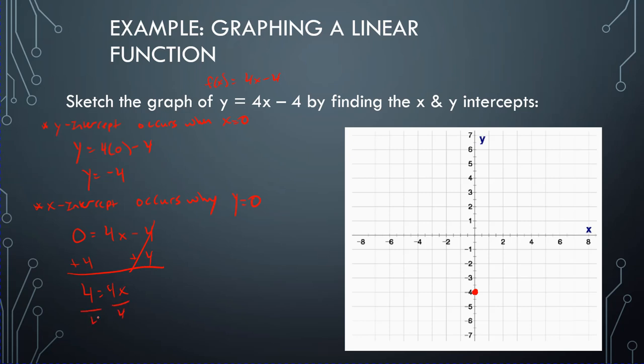Divide by 4, and you get x equals 1. So right here, boom, that's the x-intercept. And you can see right here that is the equation, because I just found 2 points. In this case, it's the y-intercept, and over here is the x-intercept.